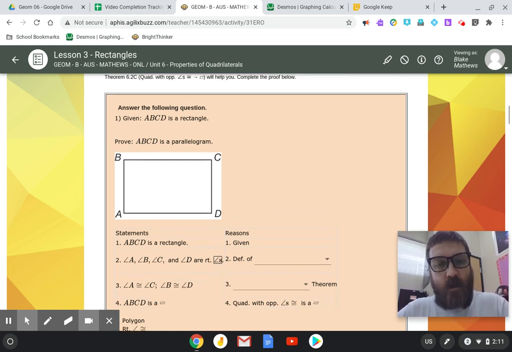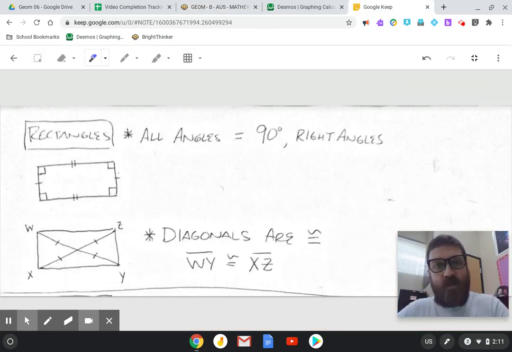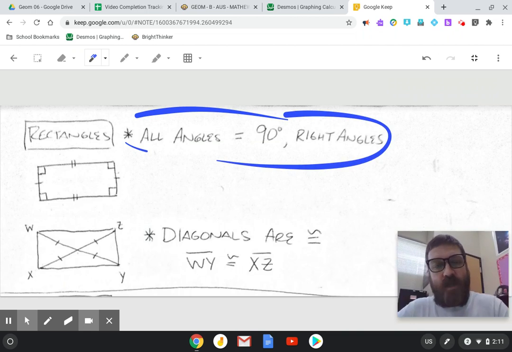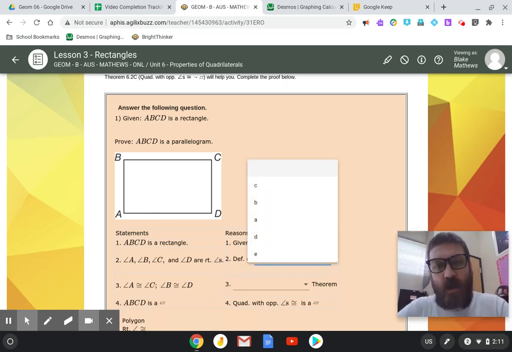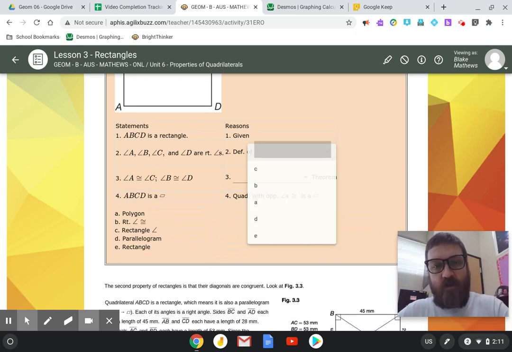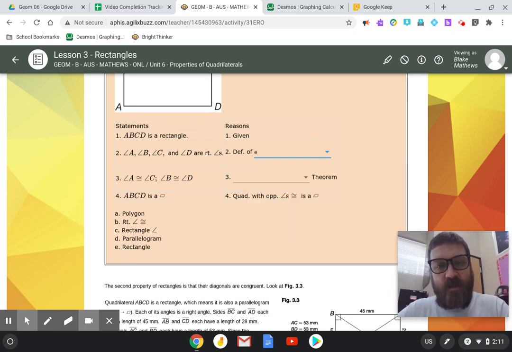Okay, how do we know that? Well, we just learned that because it is a rectangle, all of the angles are right angles. So that's going to be the definition of a rectangle. And there it is, answer choice E. The definition of a rectangle says that all of the angles are right angles.